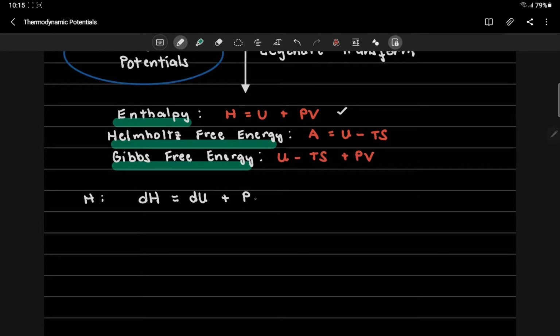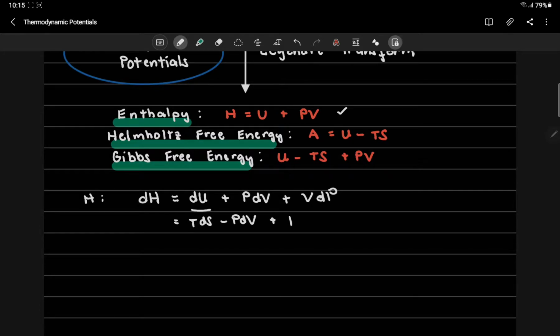P derivative of V plus V derivative of P. But we have here dU, and we know that dU is also equal to TdS minus PdV from our fundamental theorem of thermodynamics equation.